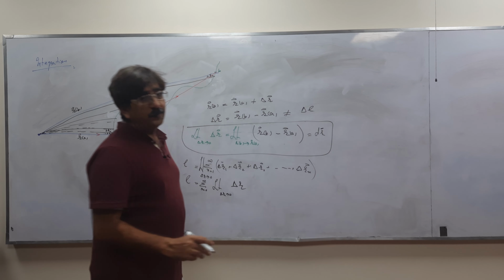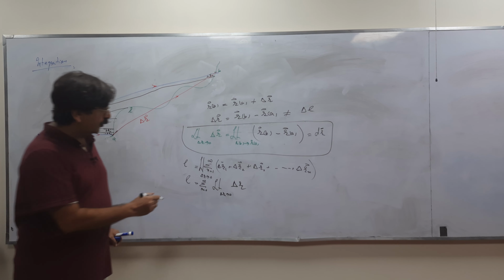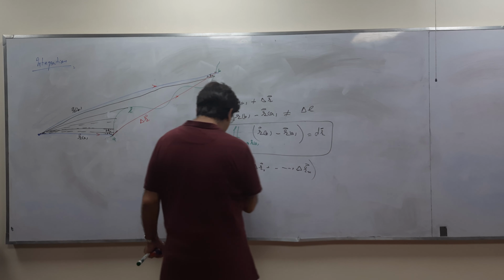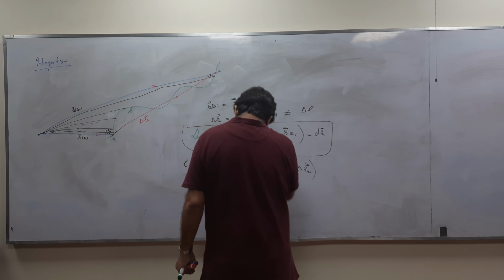Because the indices will be removed when delta R approaches 0, I have already explained that it will be equal to this.